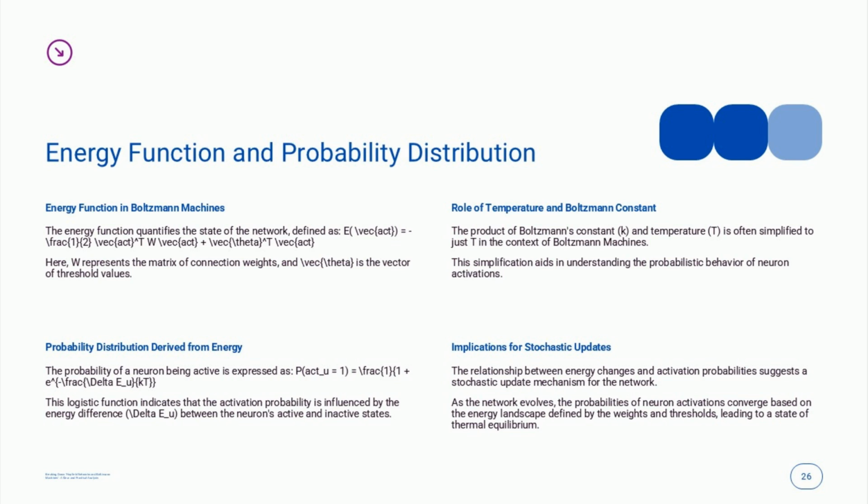Now over to Boltzmann machines. Here, the energy function is less about immediate stability and more about exploring possibilities. Instead of marching directly to the lowest energy state, Boltzmann machines factor in randomness, like a dice roll.